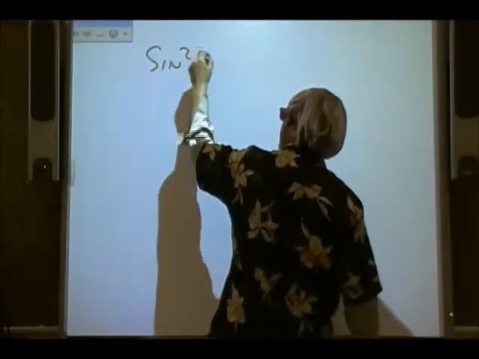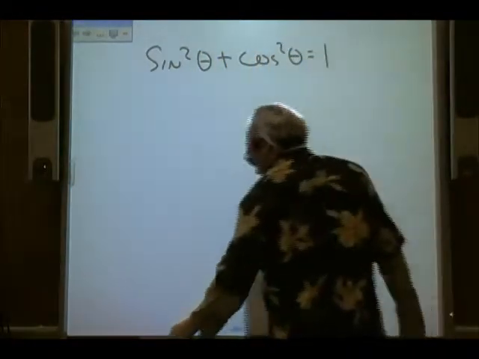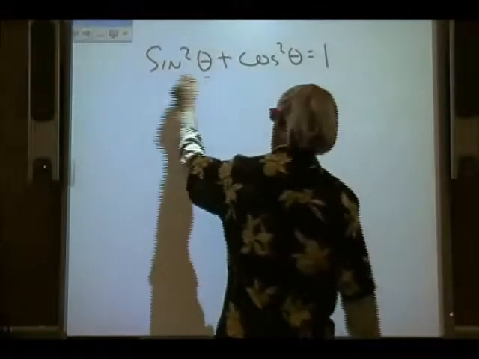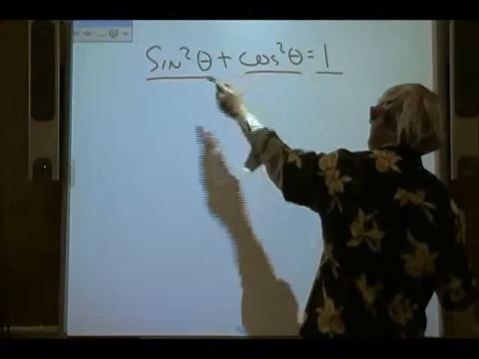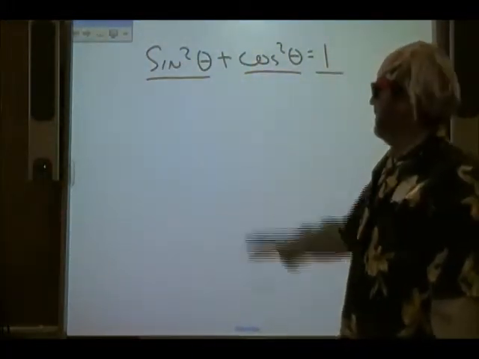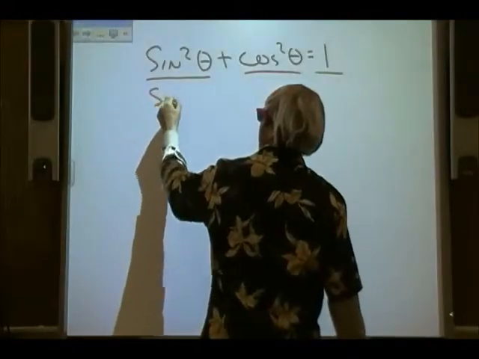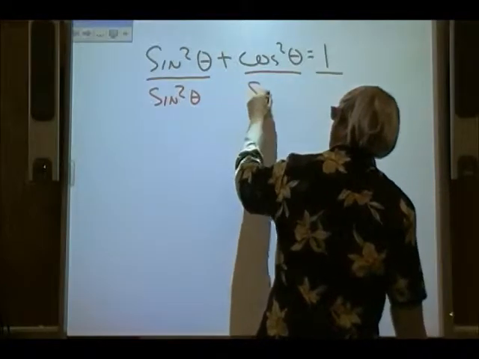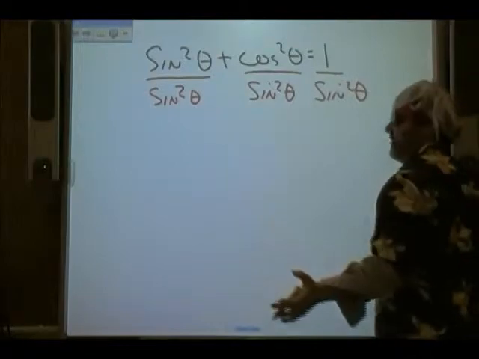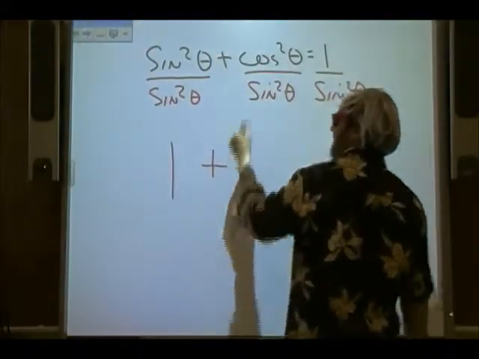Let's play around with this. Sine squared theta plus cosine squared theta equals 1. Well, what if I were to divide by, well, I can divide by anything as long as it's the same throughout the whole thing. But let's just say I divided by sine squared theta. If I divide this by sine squared theta, this by sine squared theta, and this by sine squared theta, what do I have? Well, this cancels, and I'm left with 1.